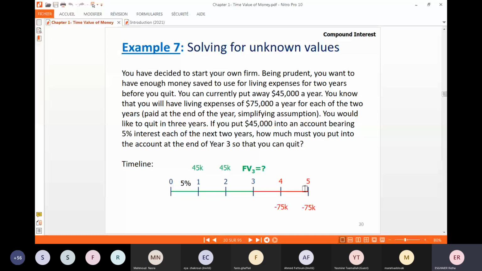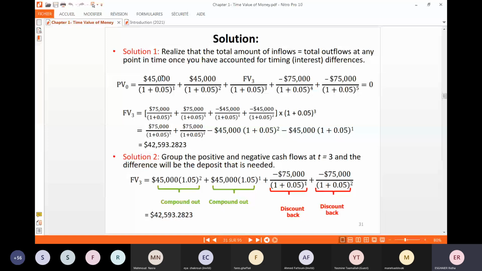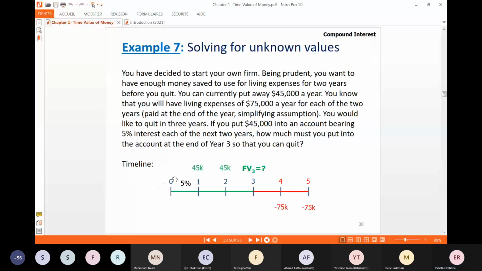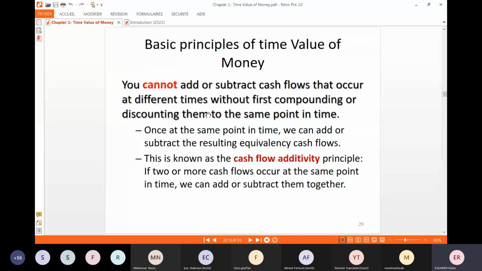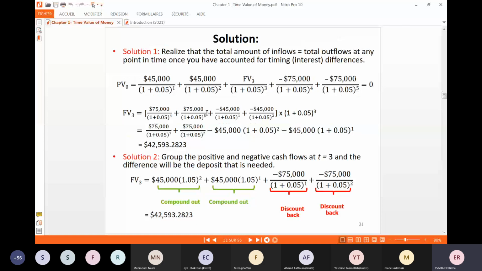Applying the time value of money, 45,000 to save 1 year from now, its value today is 45,000 over 1 plus I power 1, because from 1 to 0 we have 1 year of discounting and the discount rate is 5%. 45,000 to save at the date 2, its value today is 45 over 1 plus I power 2.